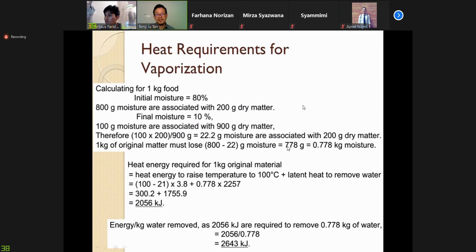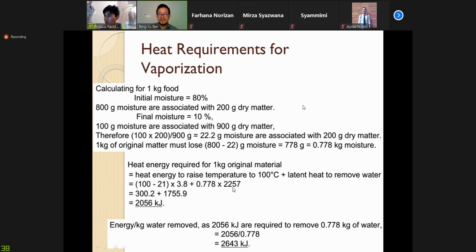You are just removing 0.778 kg of moisture, so you multiply. If you just remove half a kg, the latent heat is divided by 2.